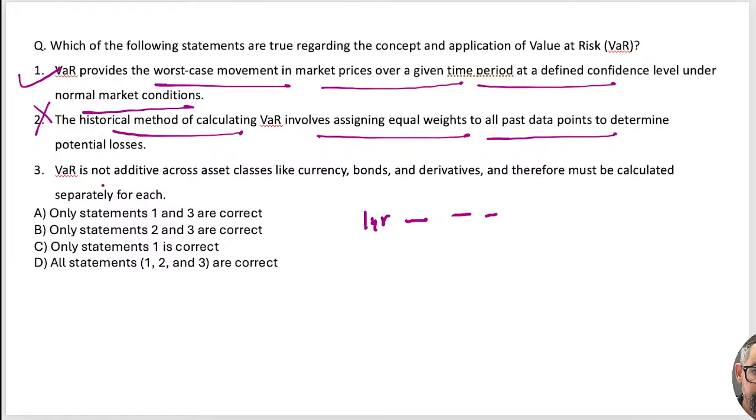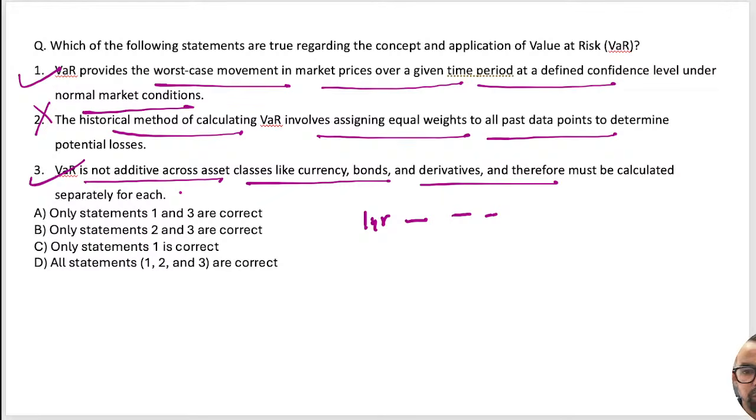This should be wrong. VAR is not additive across asset classes like currency, derivatives, and bonds, therefore it must be calculated separately for each, as per the security and risk type. 1 and 2 should be the right answer for this one, but we do not have 1 and 2.